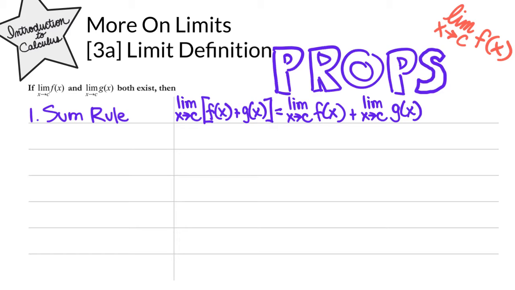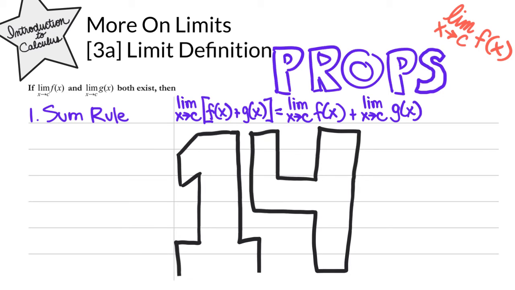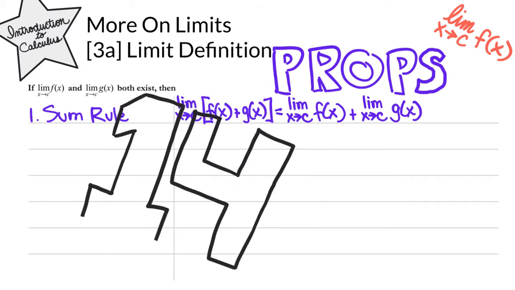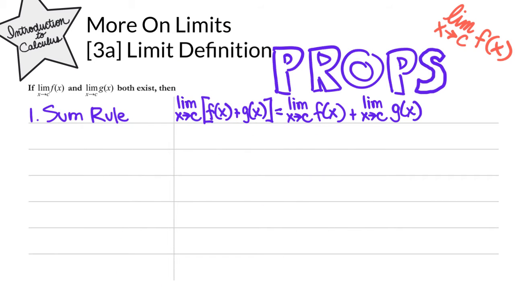Meaning if you take the limit of a sum, it's equal to the limit of the functions added together. Just so you know, I'm going to write the limit as x approaches c 14 more times. So you could either come up with a shorthand way to write that, or just practice writing limit.